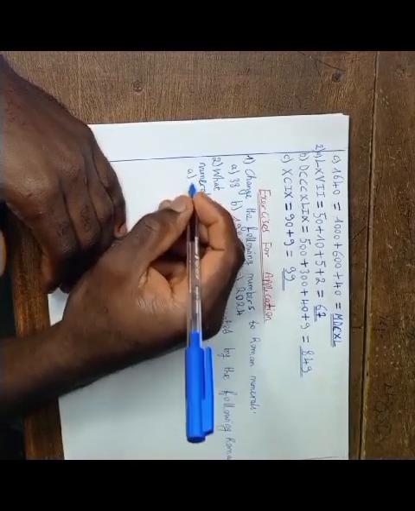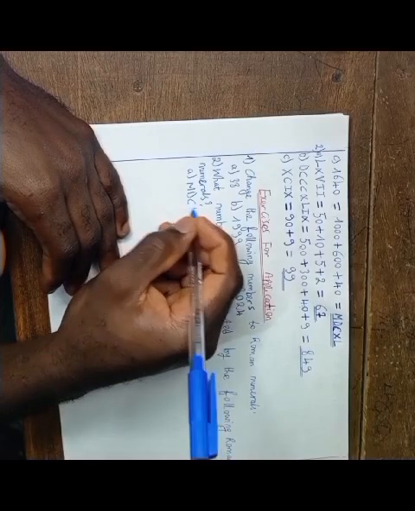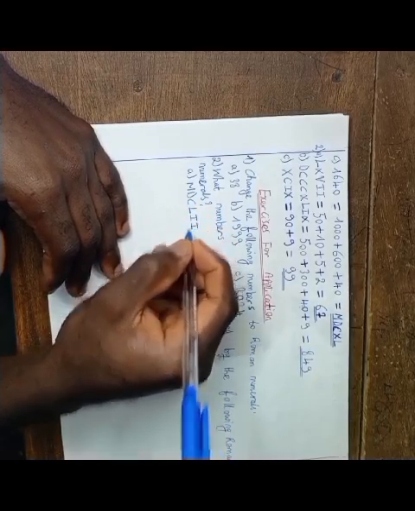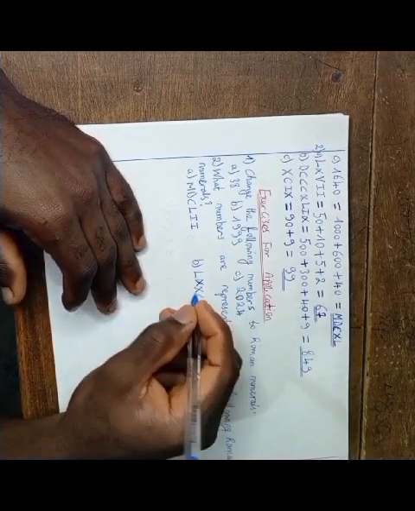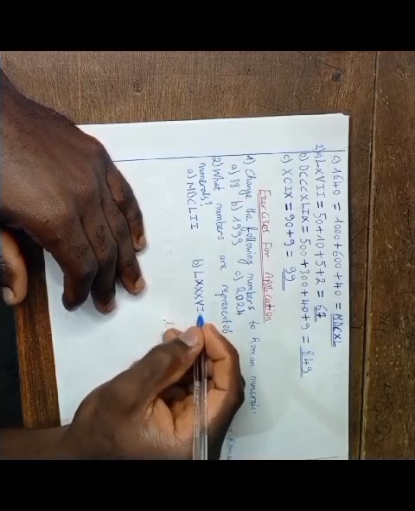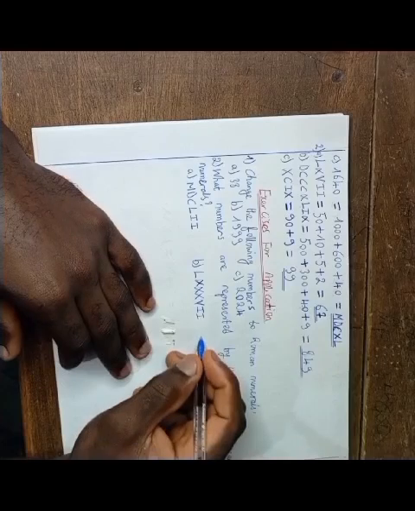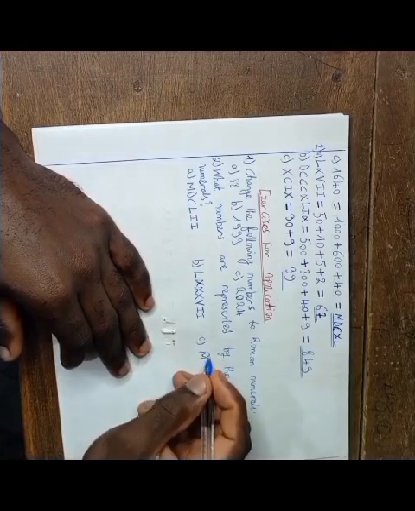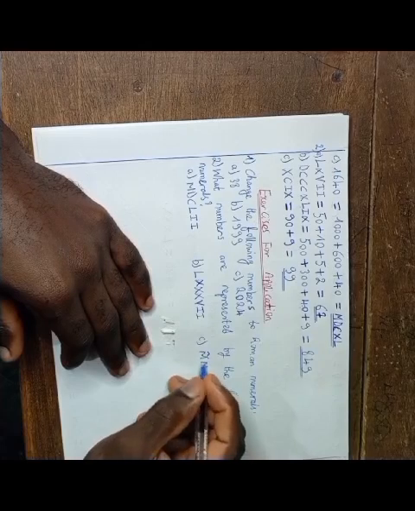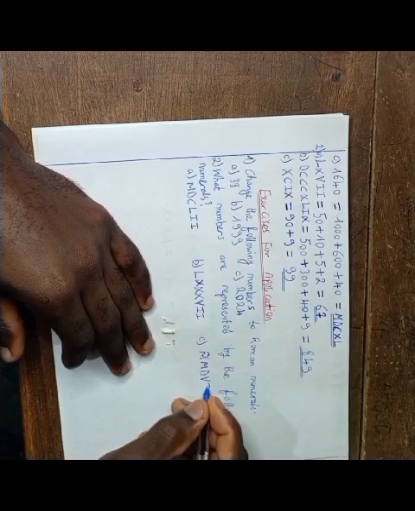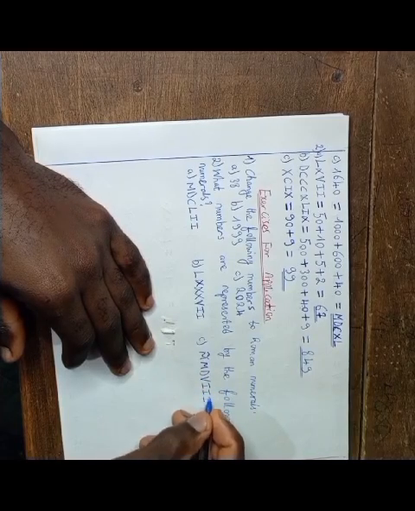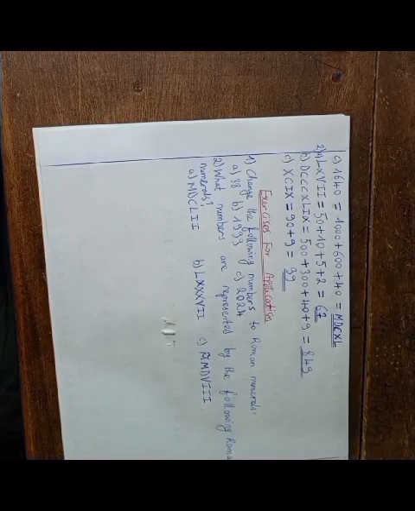I have question A, M, C, L, I. B, L, X, V, I. C, we have M with a cap, M, D, V, I, I, I. These are the questions we have. Make sure you answer the questions.